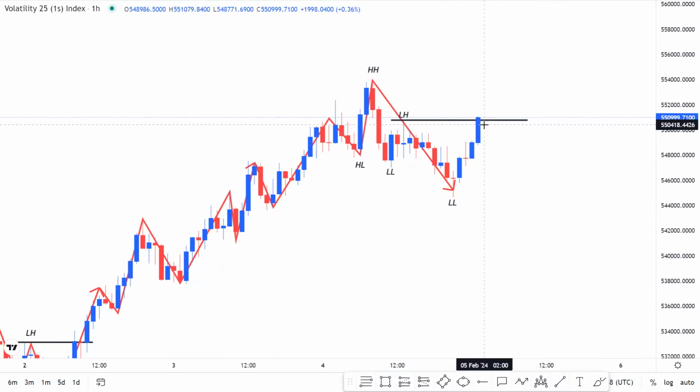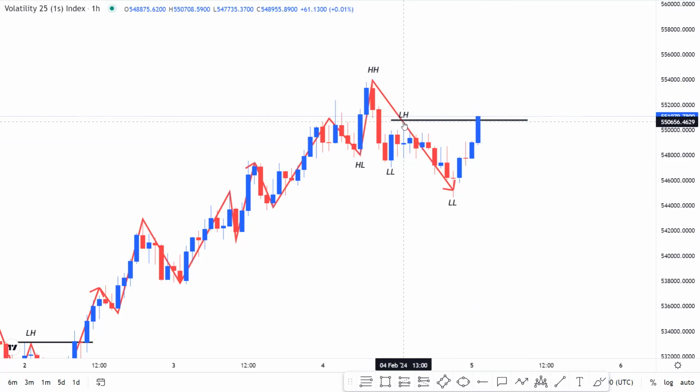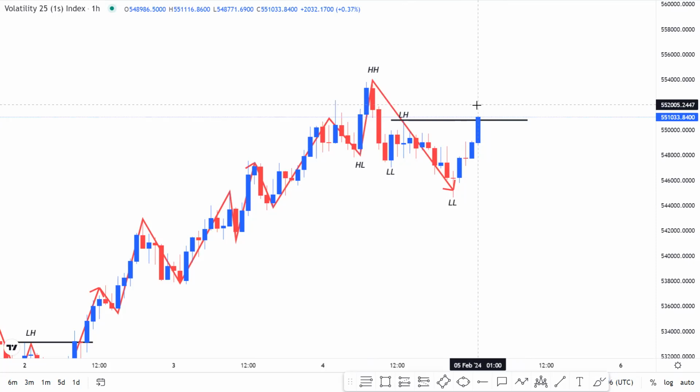But it looks like Volatility 25 1s index is likely going to be having a reversal in the market, clearly looking at the 1 hourly time frame and then waiting for the current 1 hourly candlestick to close. If this does close above this lower high level as a bullish candlestick, closing very clearly above this level, then we would consider a reversal from downtrend back to the uptrend.